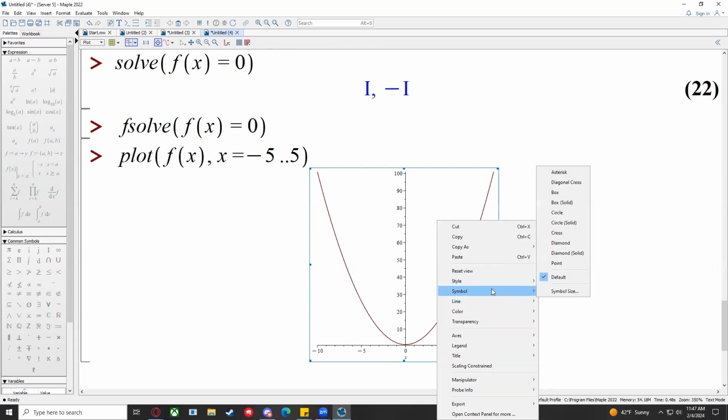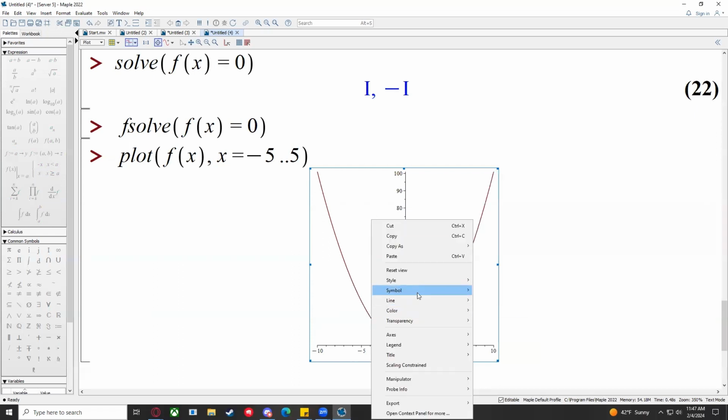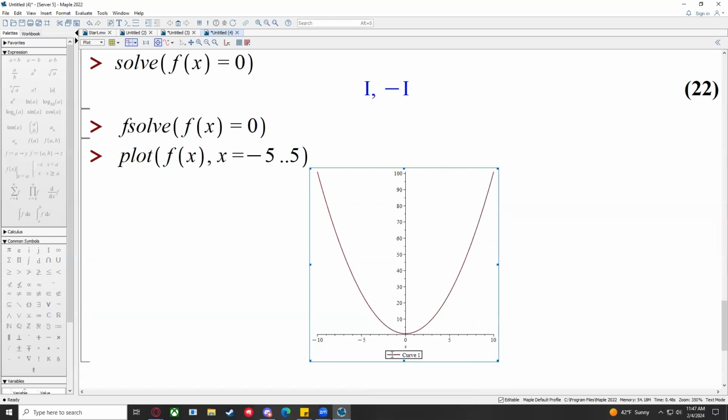We can actually add a lot of stuff to it too. I was going to mention this in a second, that a lot of the stuff you can add, you can also right click here and do. So you can change things to be a certain style. Let's say we want the line to be a dotted line, a dash line, essentially different types of lines. We can change the colors of our lines. We can add an axis. Add a legend so that it actually shows us which curve is which.